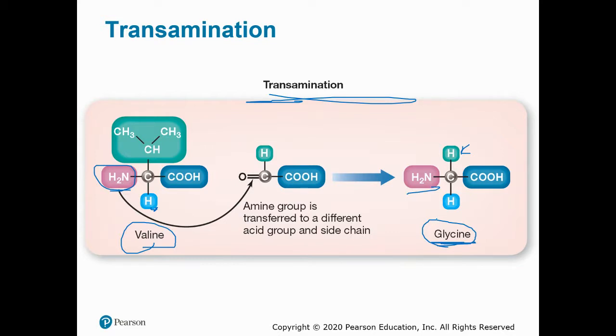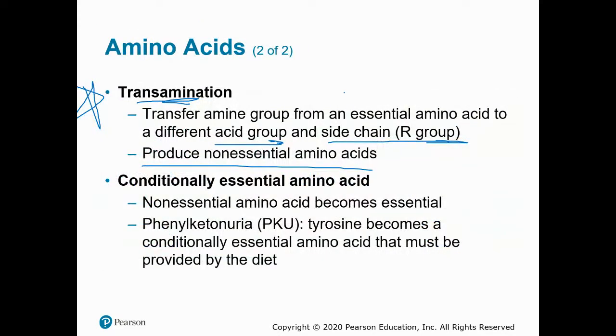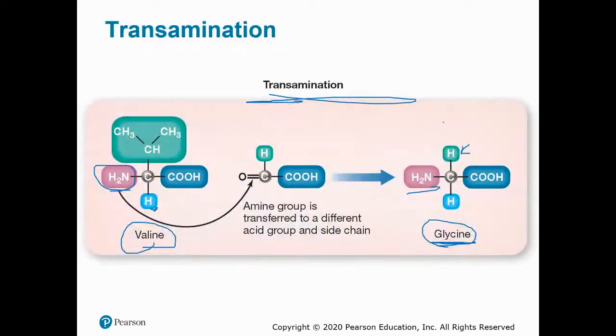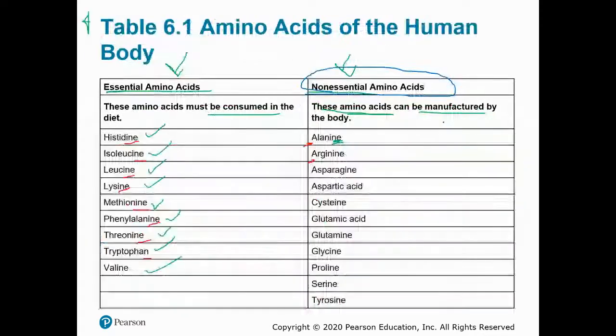That's all it is, transferring the amine group, usually from an essential amino acid. Remember, this is valine here, and if we go back and look on our chart of the essential amino acids, there's valine. So usually we can build these non-essential amino acids from the essential amino acids.